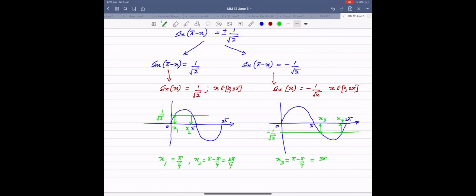Oh, sorry, this is wrong. x4 would be 2 pi minus pi divided by 4.